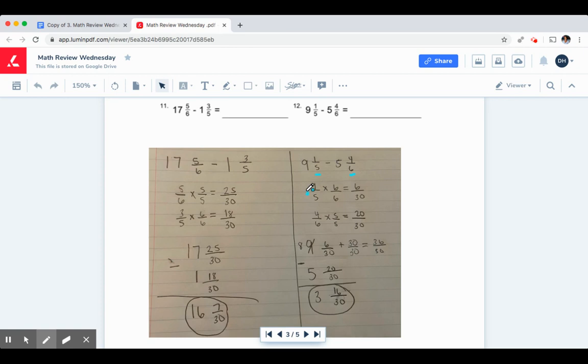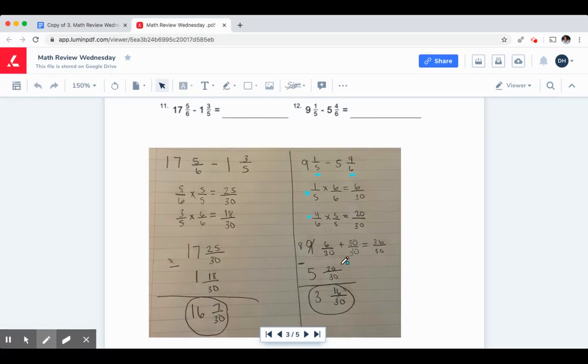So, in order to get my denominator to be 30 for both fractions, I multiplied 1/5 times 6/6 to get 6/30ths. Then I multiplied 4/6 times 5/5 to get 20/30ths.